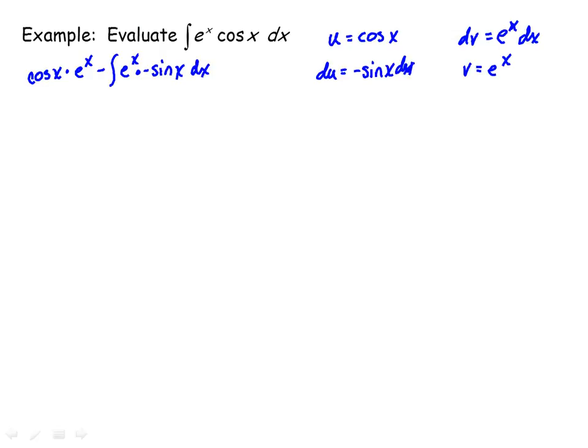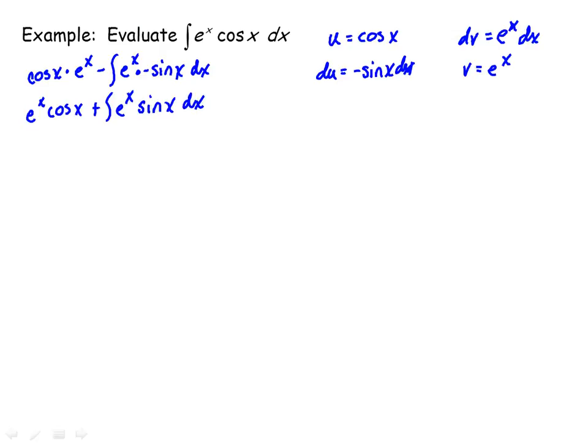Clean it up a little bit, so we'll have e to the x cosine x plus, you know where that's coming from? The integral of e to the x sine x dx.